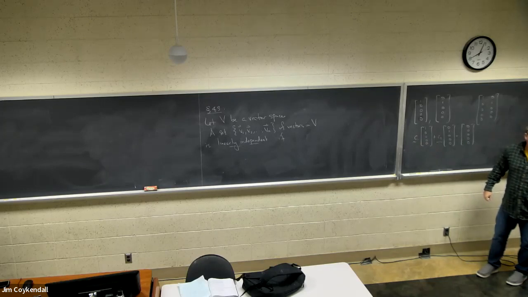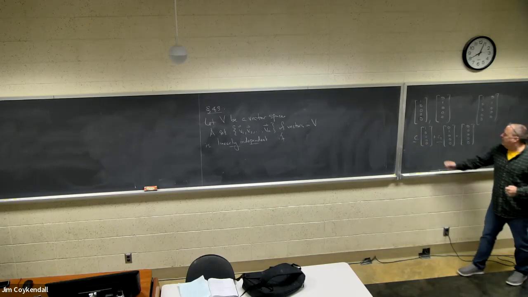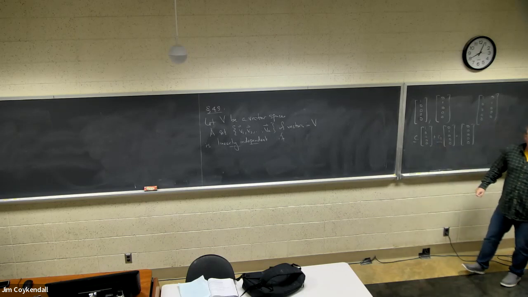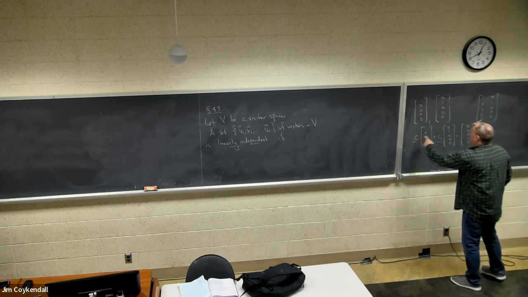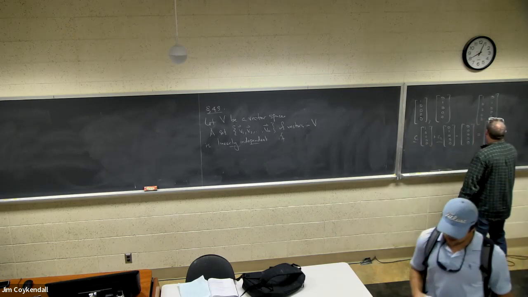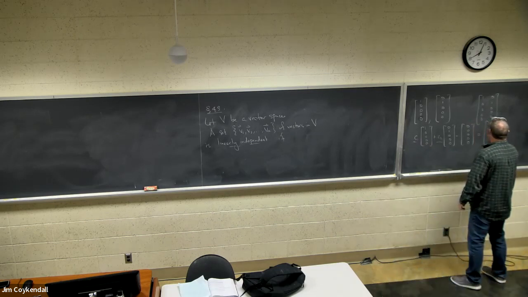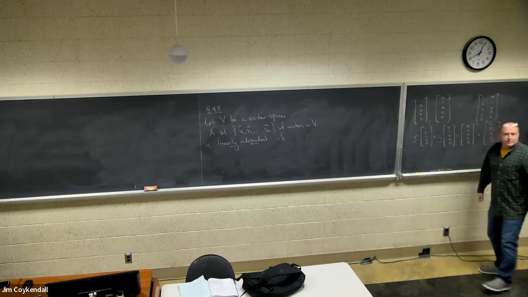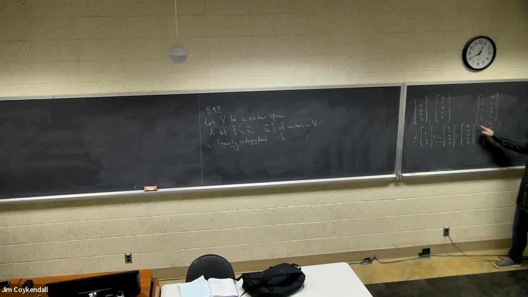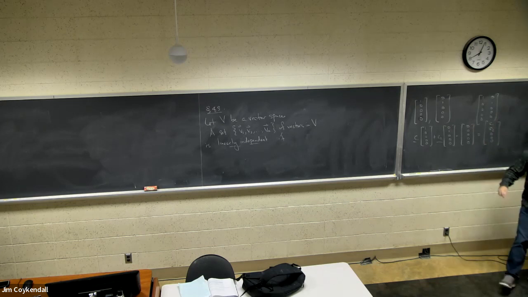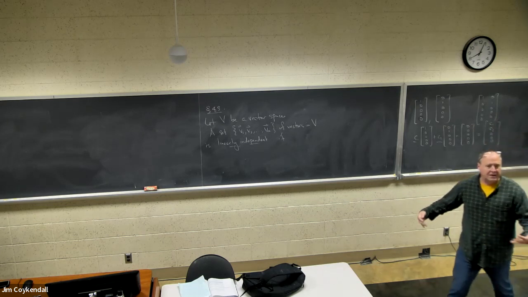It forces these two constants to be zero, right? And look at what we get when we put this together: C1, C2, 0, 0, 0. This forces C1 to be 0 and C2 to be 0, so they have to be linearly independent.